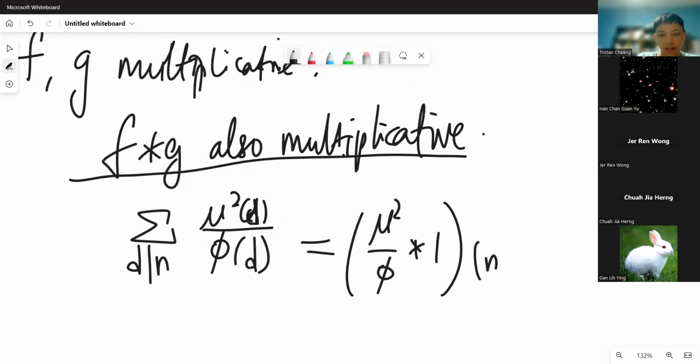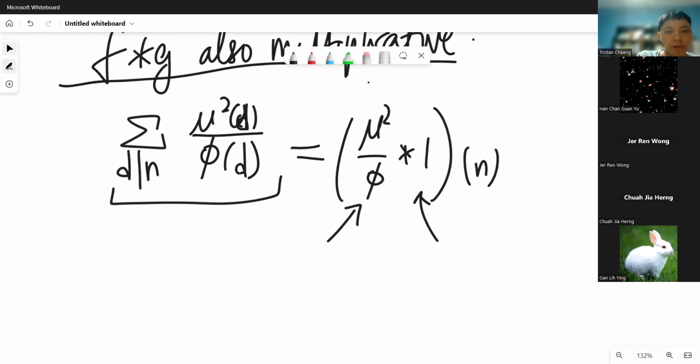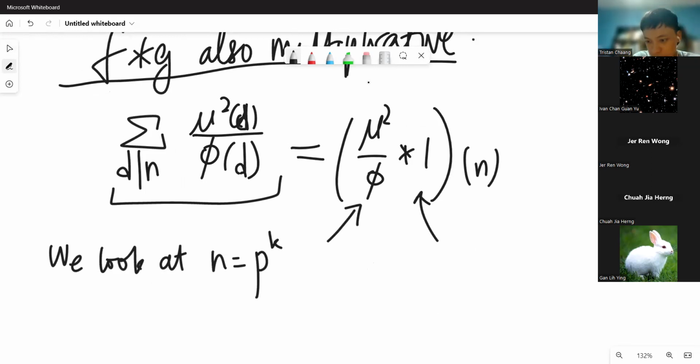And since this is multiplicative, we know that this whole thing is multiplicative. And therefore, we look at cases where n is a prime power. And you should get something nice.